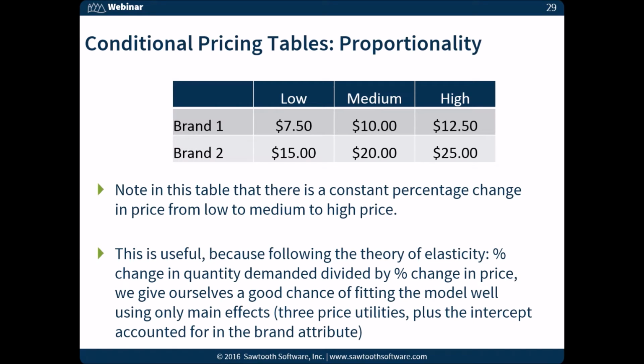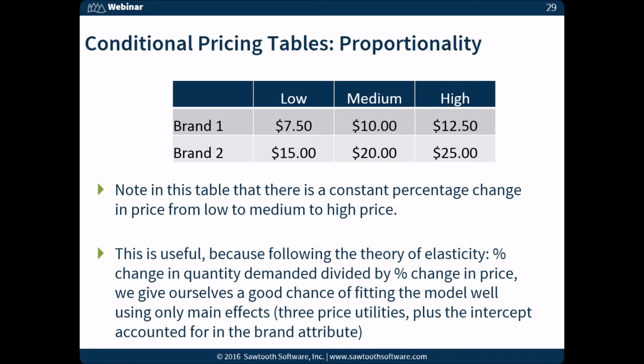Now, a recommendation when it comes to conditional pricing tables is that we want to follow the theory of elasticity, for all of the econometricians out there. We want to make sure that there's a constant percentage change in price from the low to the medium to the high price. Or if we have 4 levels, a constant percentage change between each of those.